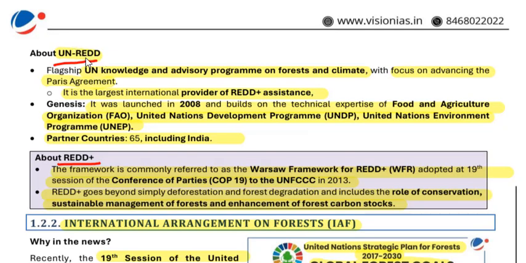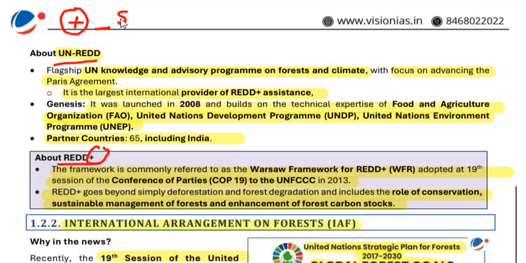We have already read the full form of REDD. Then what is this plus sign about? Actually, this plus sign is about sustainable development of forest and forest management.